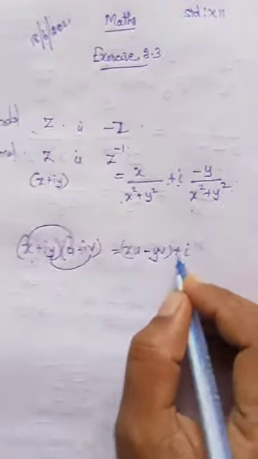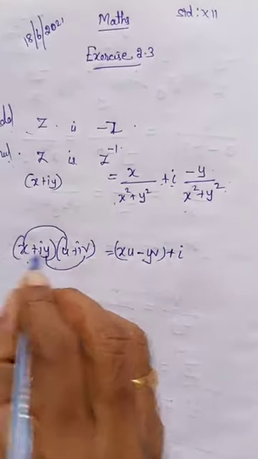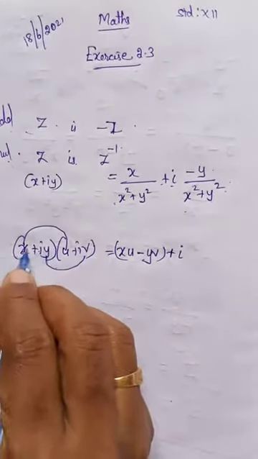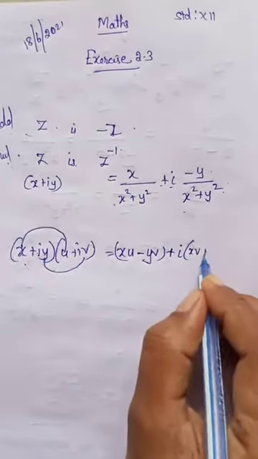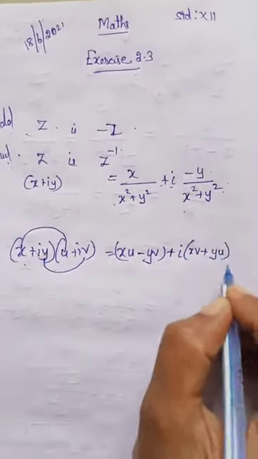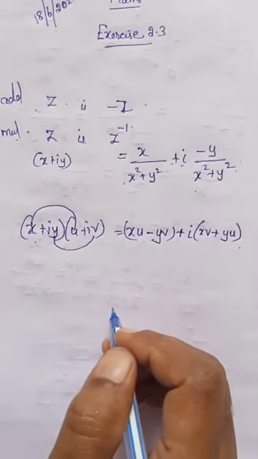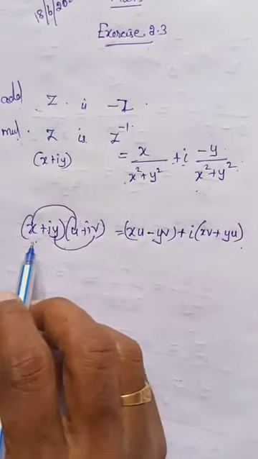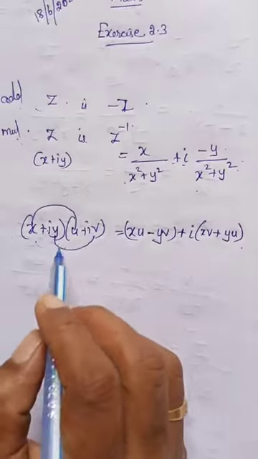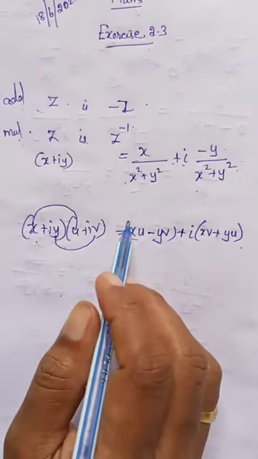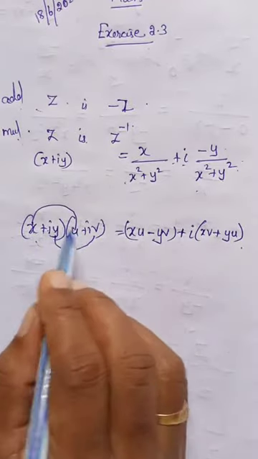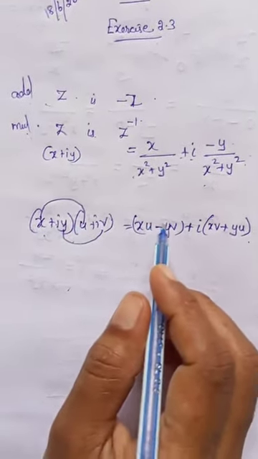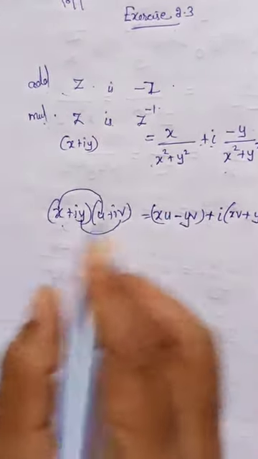Then plus i into the imaginary part: x into iv gives xv, plus y into u. I am explaining again because sometimes, instead of taking 2-3 steps, you can write it directly. Or if you multiply, no issue. Now shall we move to the problem?